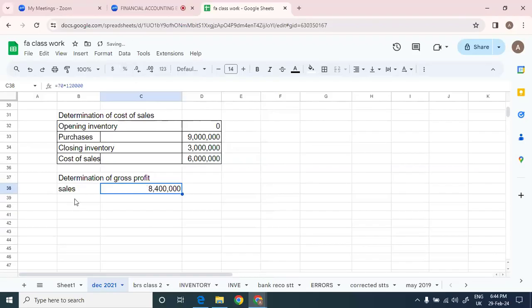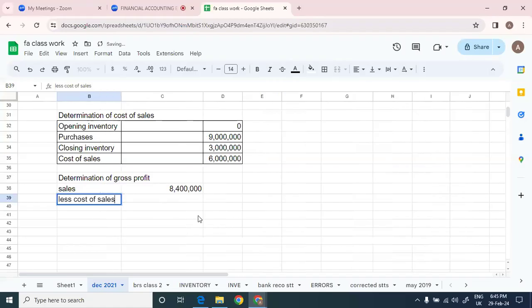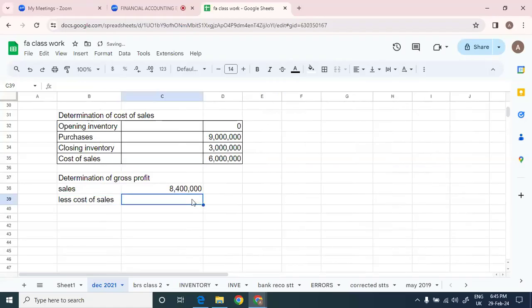So from there, we less our cost of sales. Our cost of sales, we already have it, which is 6 million.